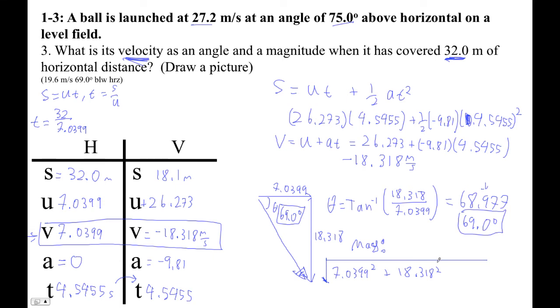Notice I'm ignoring the minus signs for the purpose of finding those angles and the magnitudes, because TI calculators don't always behave real well when you put negatives in there and square them. Okay, 19.62. So I'll say 19.6 meters per second. So that is this 19.6, right? 69 degrees. I think we're good. We've done so much work. So much work.